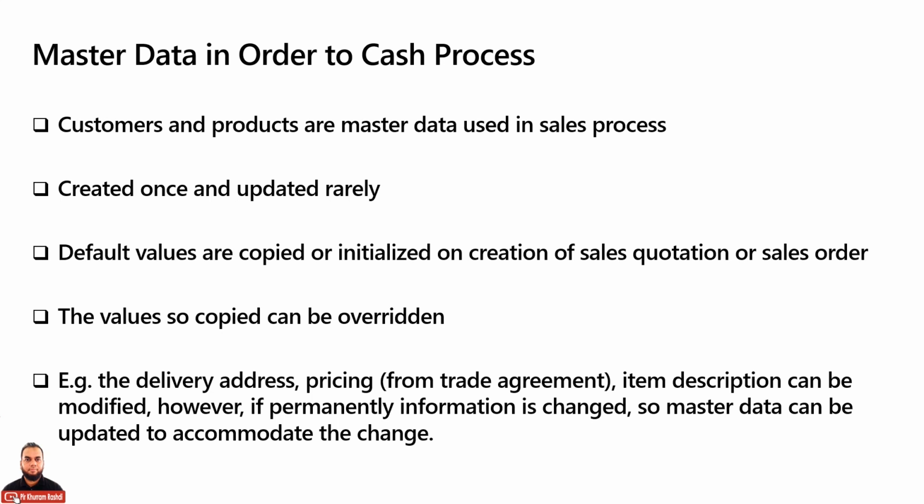Once we have a certain trade agreement with our customer, the pricing defaulted from the trade agreement can be changed on sales order lines, and the item description can also be modified. If there is a permanent change of information, it is always recommended to change the master data itself, to avoid repeating the change every time you select the master data to create documents like a sales quotation or sales order.